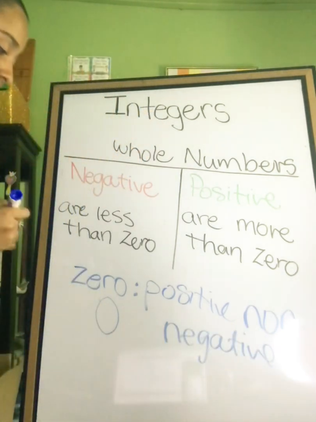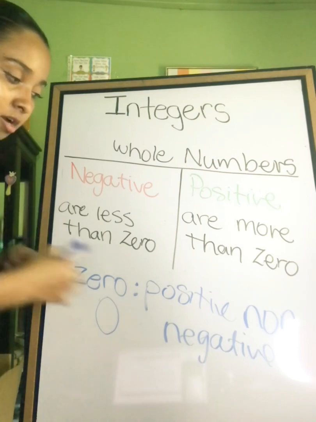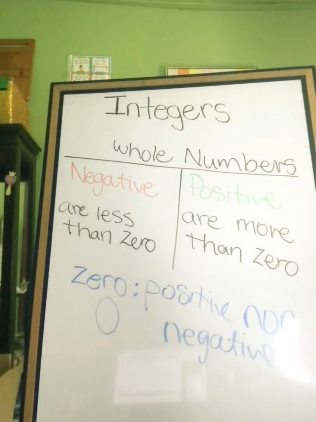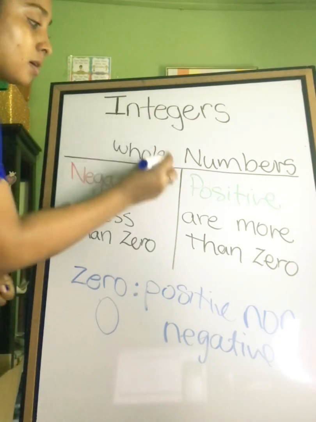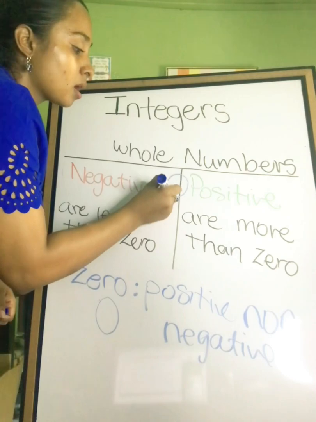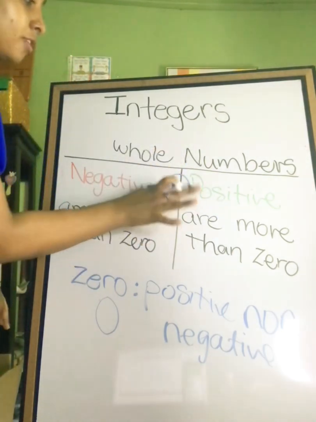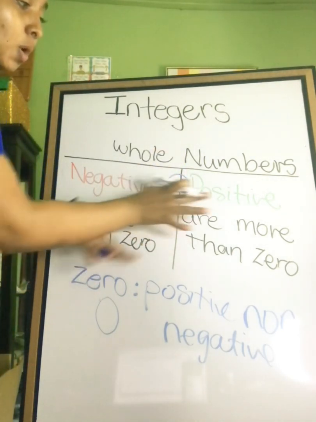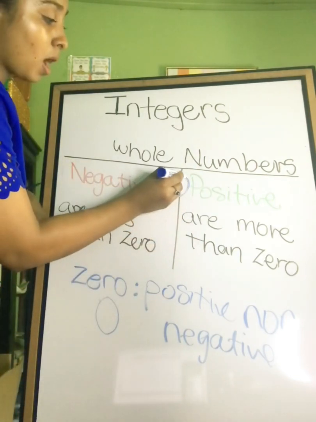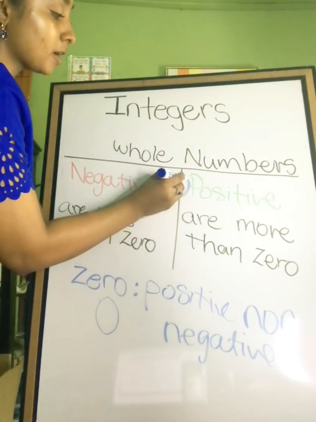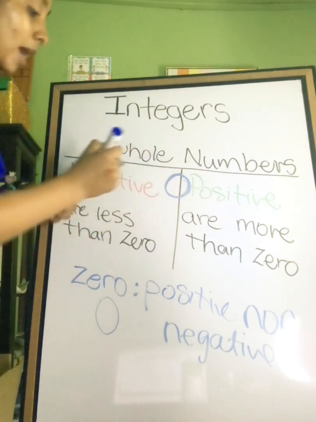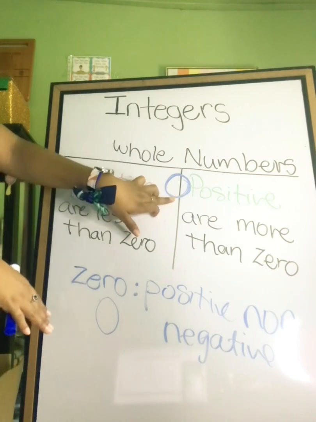So 0 is a number that is neither positive nor negative. Okay? So you can say 0 is right here. And we're going to look at why I placed it right here in the middle. I'll show you guys why I place it here in the middle.